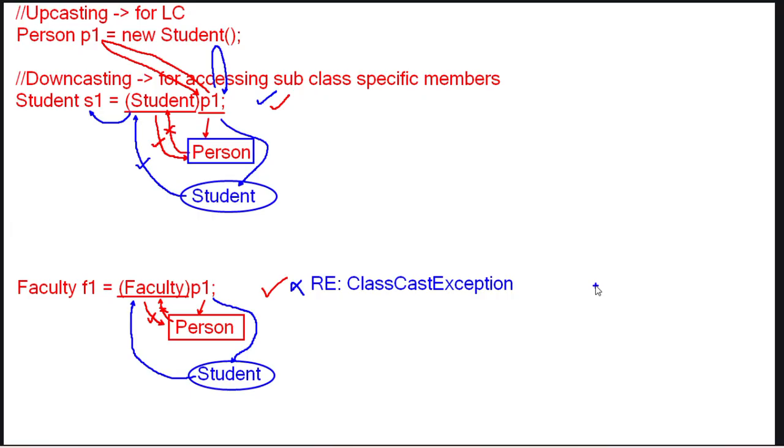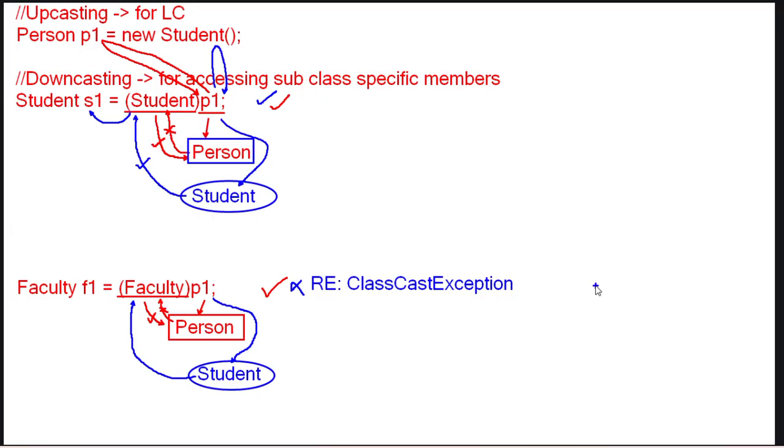Next, the JVM applies an IS-A test on the object type stored in this reference variable to the cast operator type.